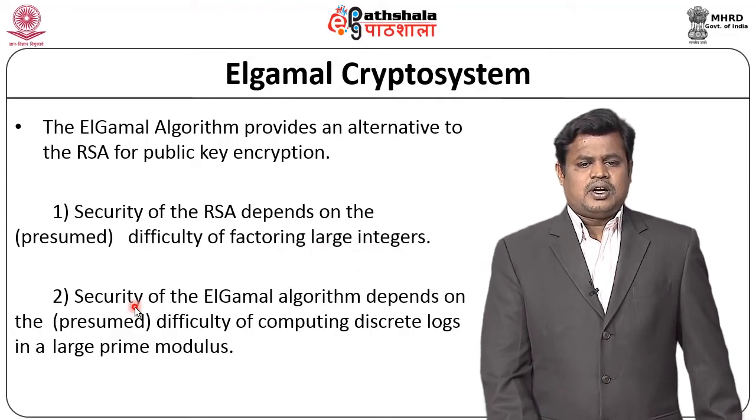But in the case of ElGamal, the security depends on the difficulty of computing discrete logs in a large prime modulus. So, this algorithm provides the challenge of computing discrete logs, whereas RSA is challenging about the difficulty of factorization of large integers. Both come under asymmetric cryptography, but the main thing is how they handle the encryption process.